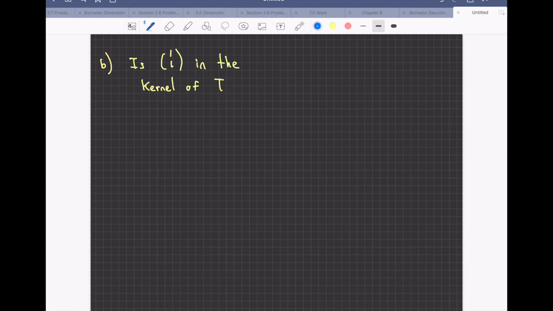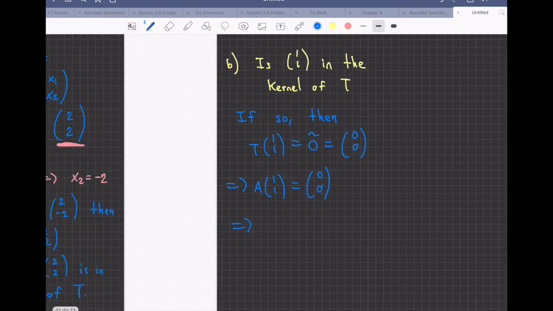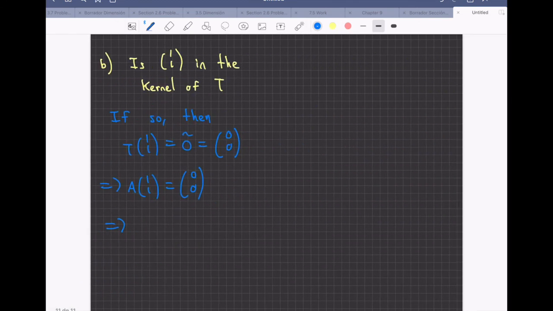So if so, then T of 1, 1 should be equal to the zero vector. In this case, the zero vector is 0, 0. So this means T of 1, 1, which is the matrix times 1, 1, should be equal to the zero vector 0, 0. Or what it is saying, the matrix 1, 0, negative 1, 0 times 1, 1 should be equal to 0, 0.